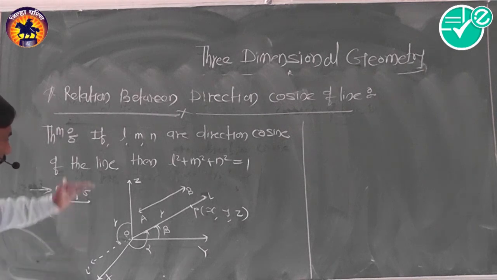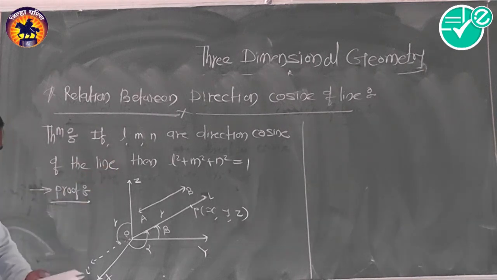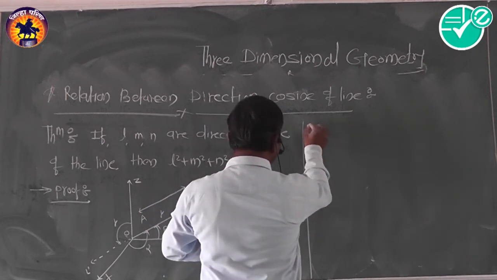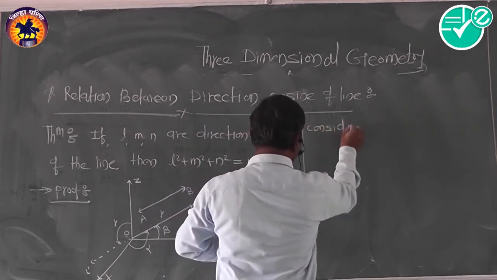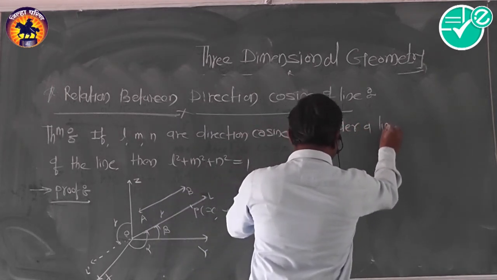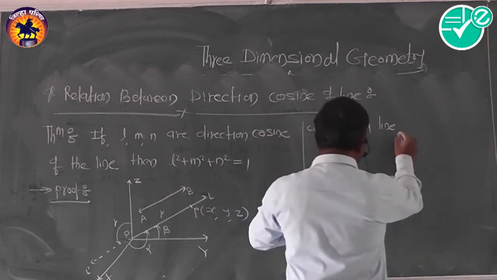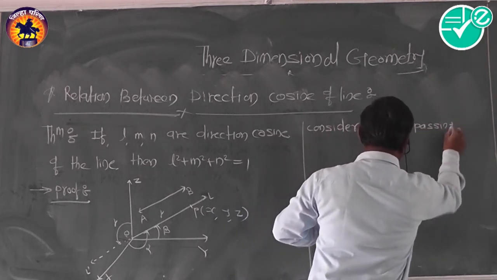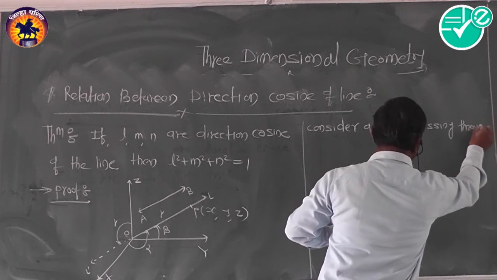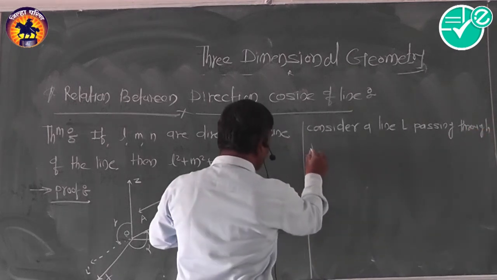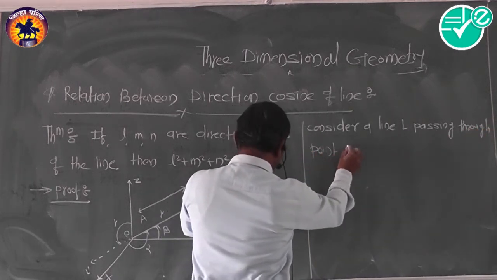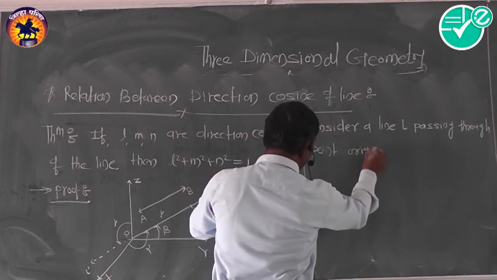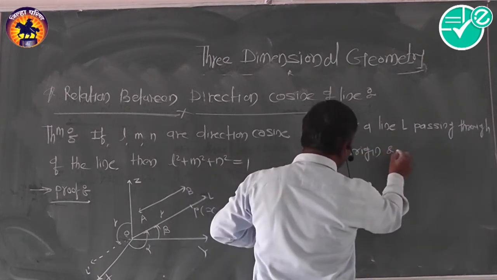So first we see the complete proof of that theorem because it is important. First we consider a line L passing through the origin and parallel to line AB.